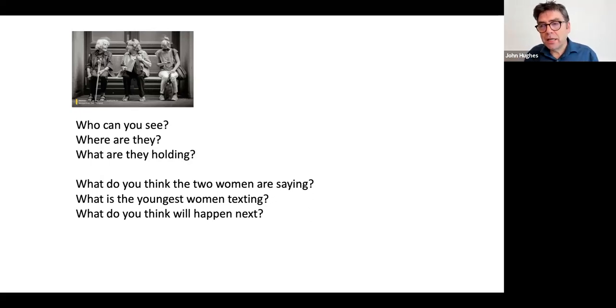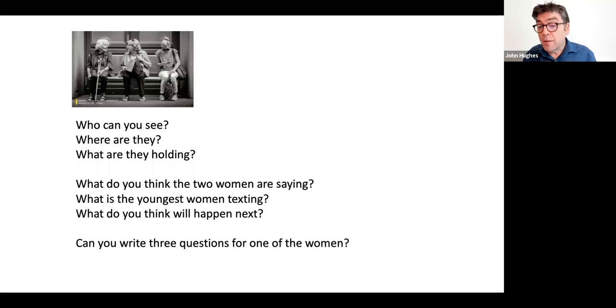So what's happening here is I'm getting the students to use their imagination and their creative thinking. And also, what do you think will happen next? So they're speculating and predicting about the picture. And then I might say to the students, okay, can you write me 3 questions for one of the women? So the students have to choose a woman in the photograph and write 3 questions.